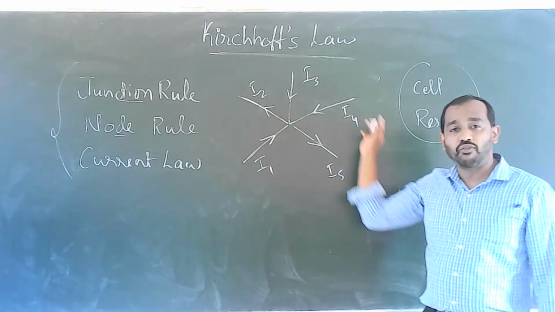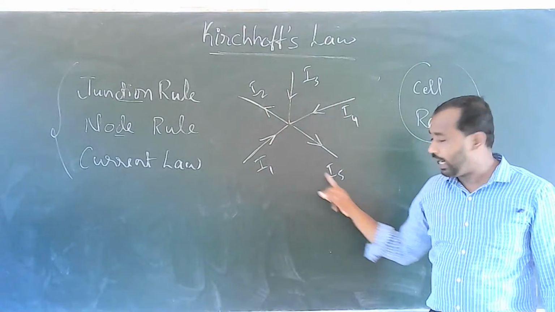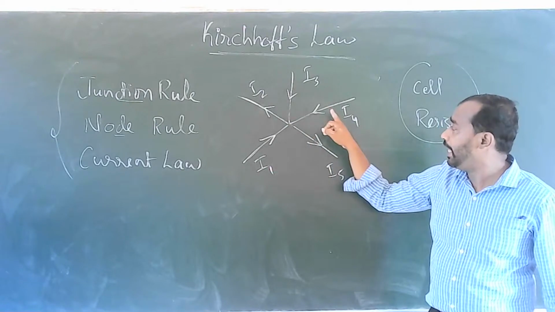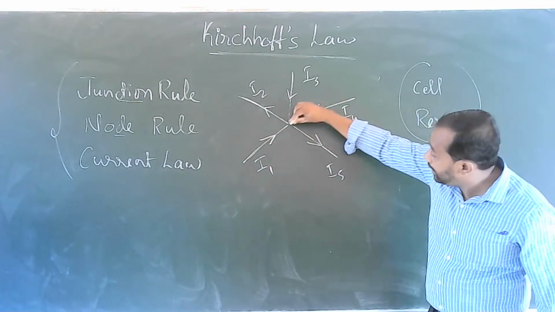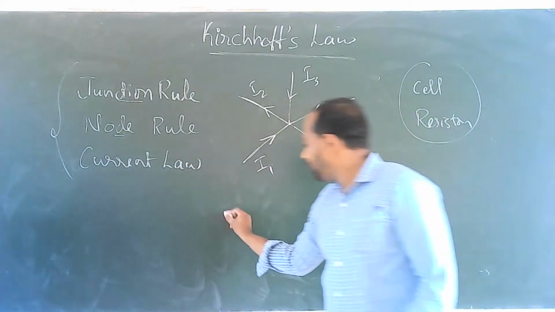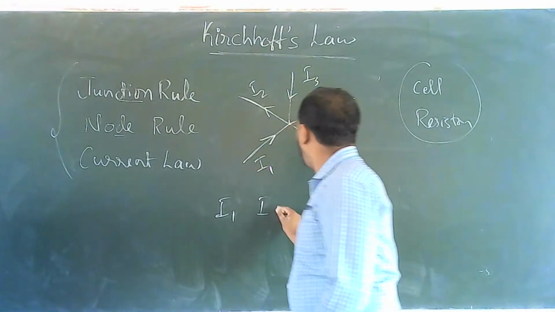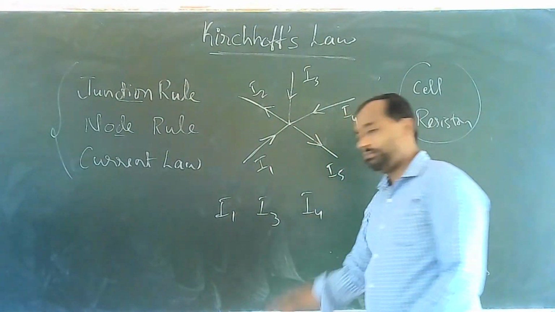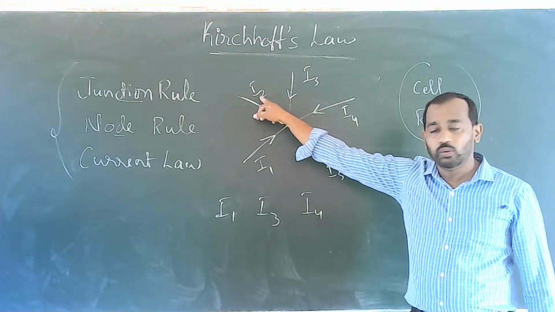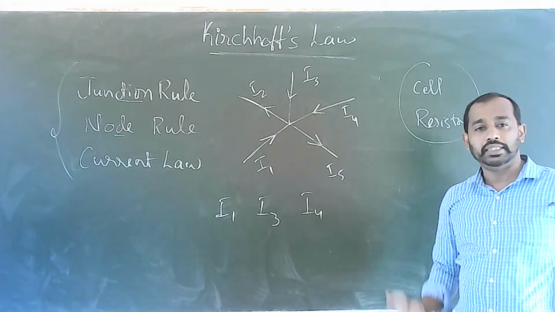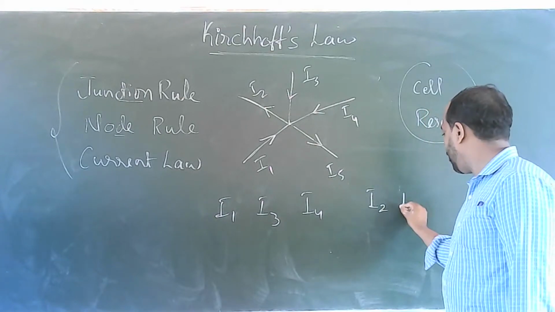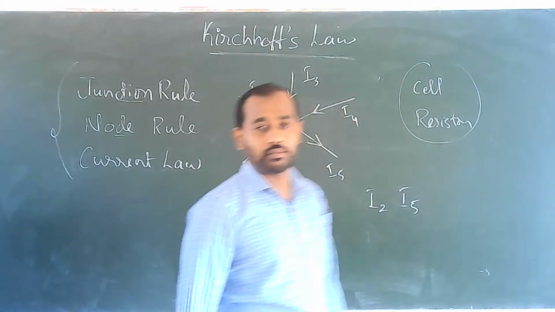Now you can see that among these 5 different currents, I1 to I5, three of them, I1, I3 and I4, are flowing into the junction, whereas I2 and I5 are moving away from the junction.